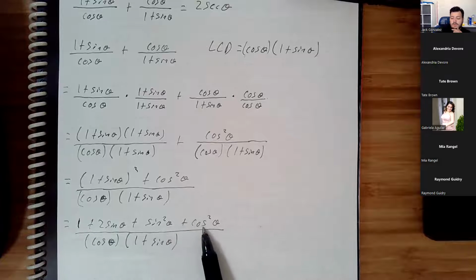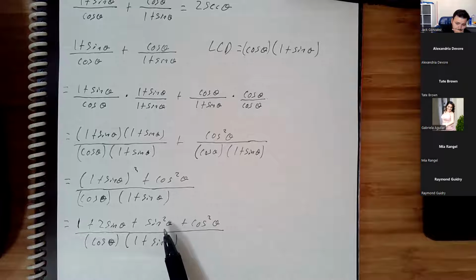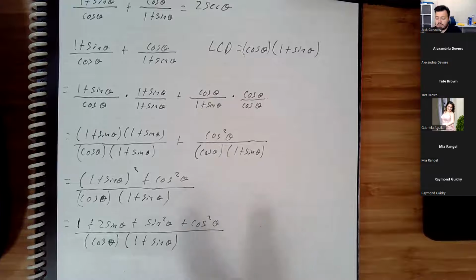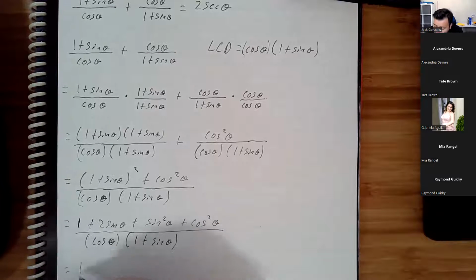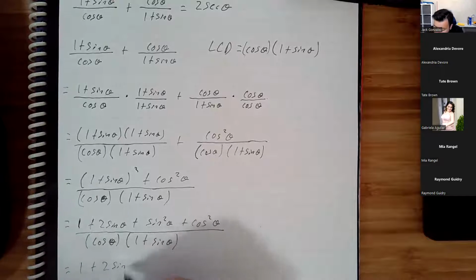What is sine squared plus cosine squared? That's the very first Pythagorean. You guys remember? Yeah, that's going to be 1. So this right here will combine into a 1. So on the next line, we'll just simply have 1 plus 2 sine plus 1.